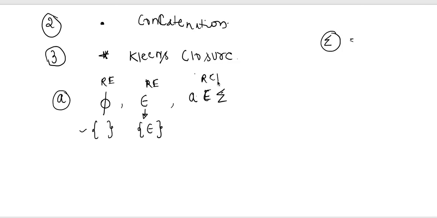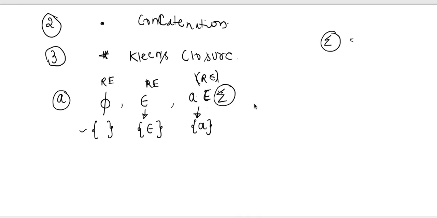This is also a regular expression. Okay, see, it means any input symbol from the input alphabet will also be present as a regular expression. Okay, now if I write a belongs to sigma, it means the language present in it is a. For the language a, or for the string a, the regular expression is simply a.